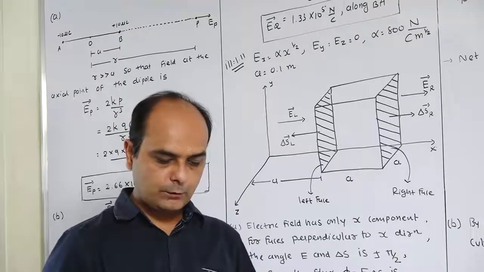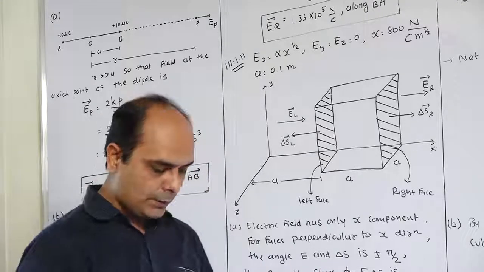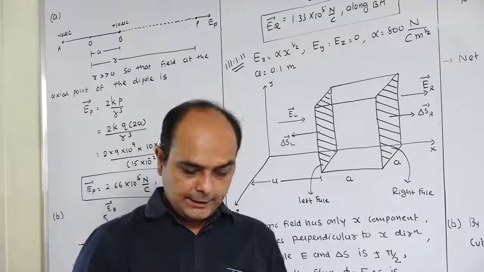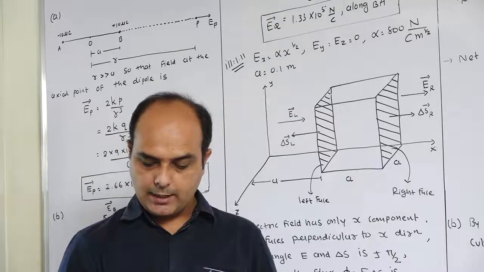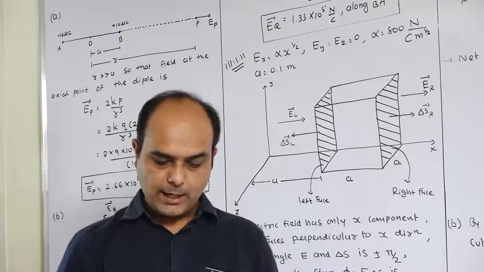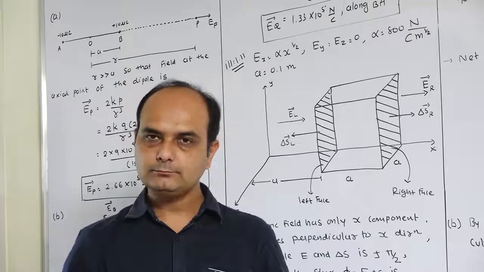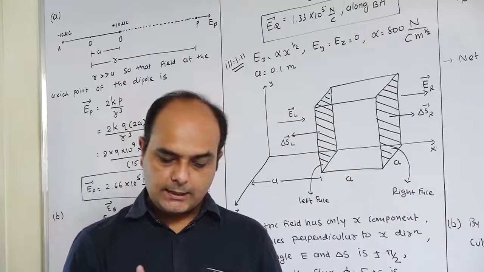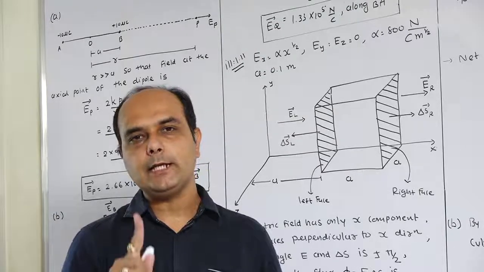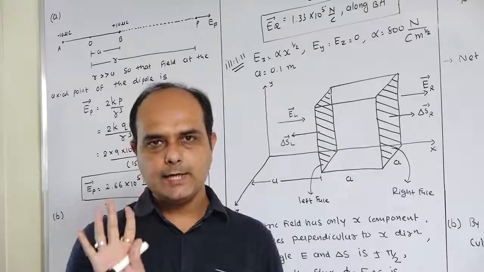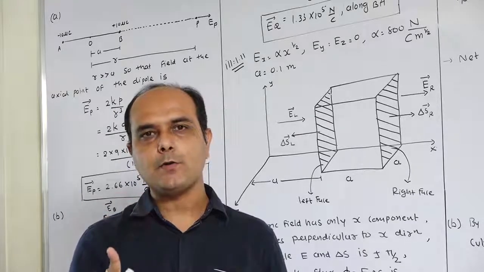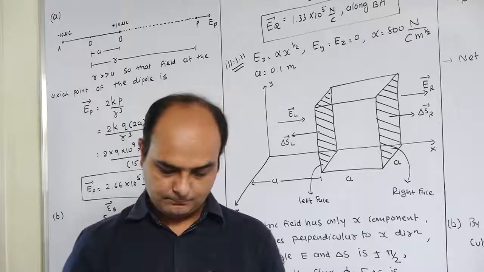Okay? Now the question of illustration number 1.11: electric field components in figure 1.27 are Ex is equal to alpha x raised to 1 by 2, and Ez and Ey are equal to 0. It shows that the electric field is produced only in x direction, but the y component and z component of the electric field are 0.